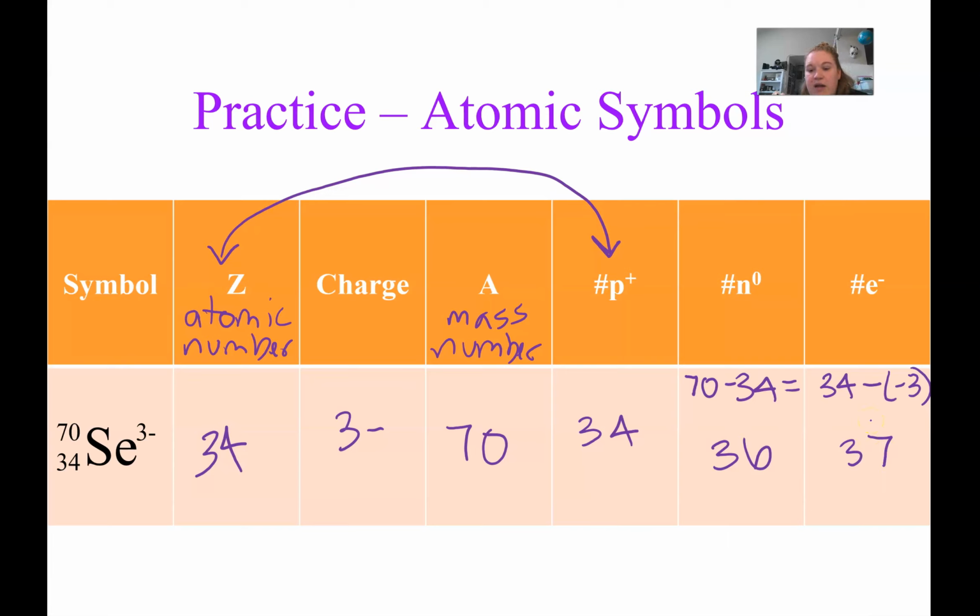I will get to my number of electrons. We know that the number of electrons has to be greater than the number of protons, because we have a negative charge. So it's one of those things just to check yourself to make sure that you've added the 3 on there instead of subtracting.